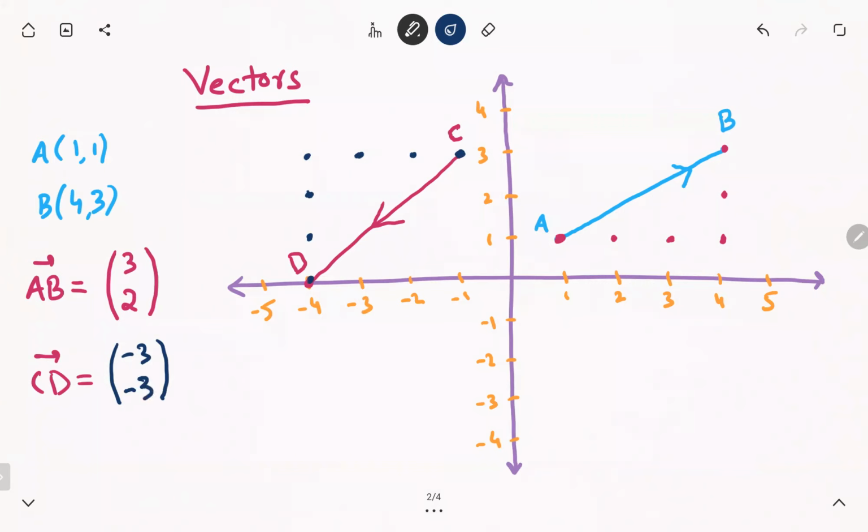Okay, on your notebook, label another point Q. The coordinates of Q is 0, -1. Label Q 0, -1. And then another point P. Label that point P 4, -2.